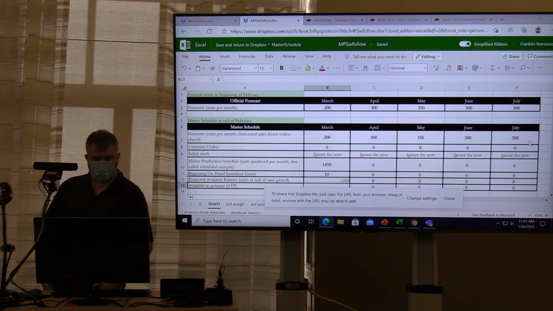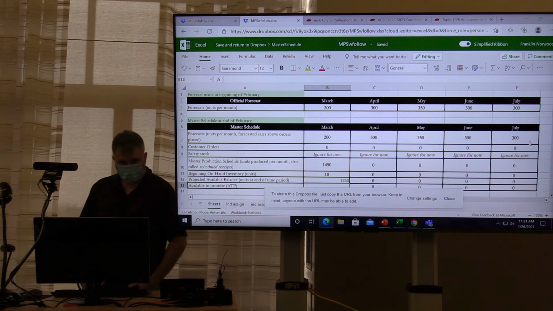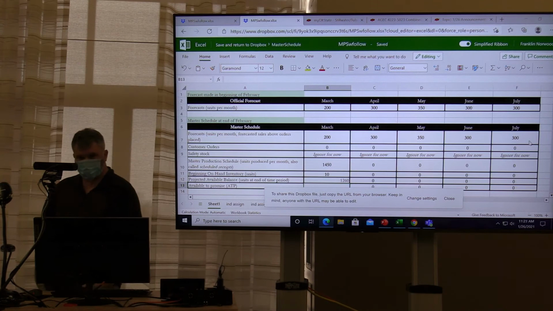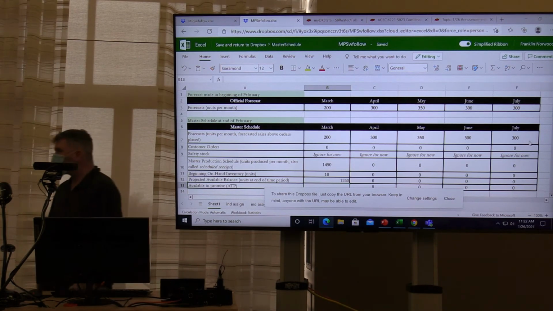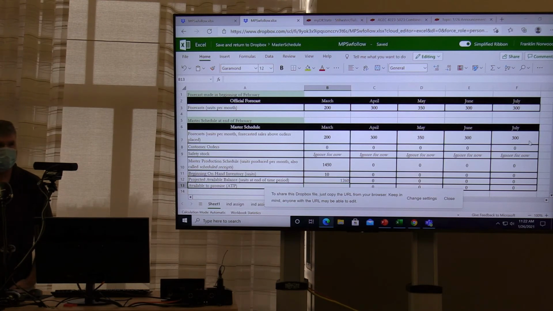Go ahead and see if you can fill in the rest of the beginning on-hand balance and projected available balance for March, April, May, June, and July. If you need help, just raise your hand and I'll come help you.